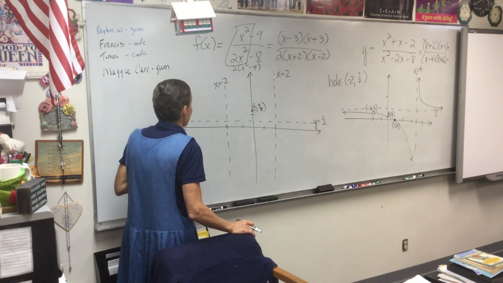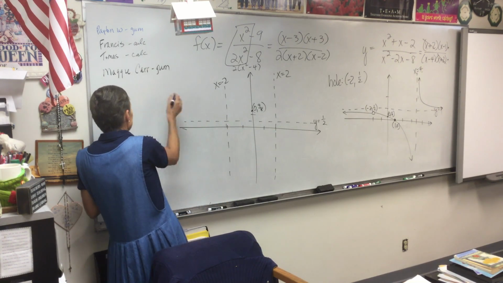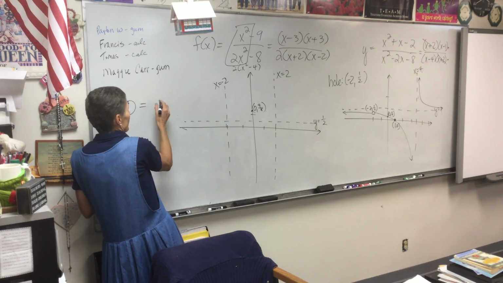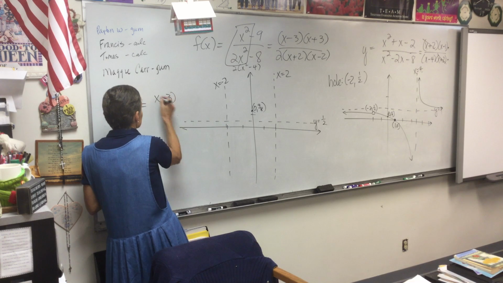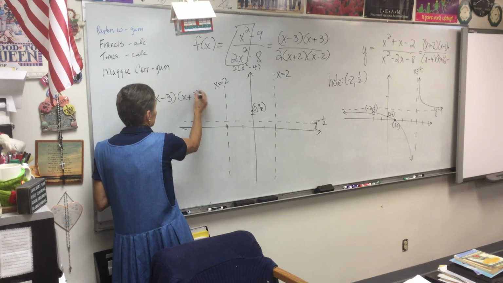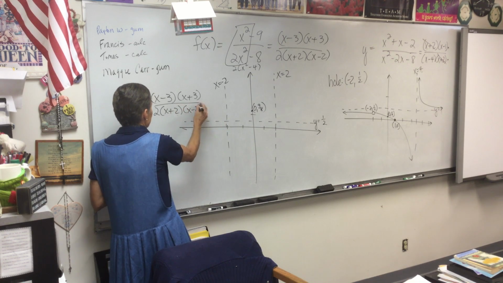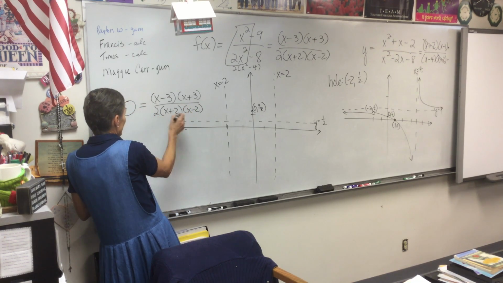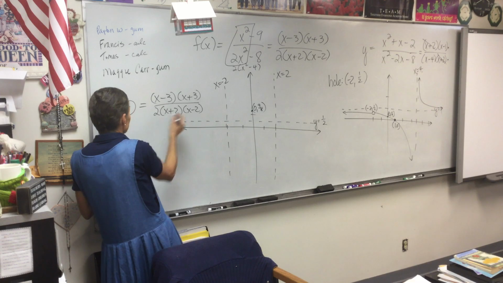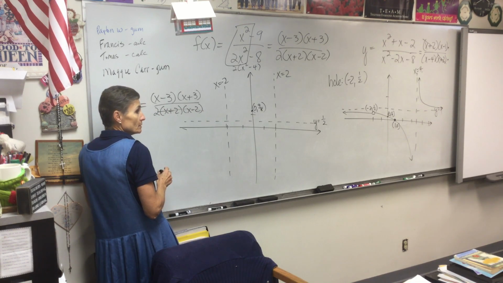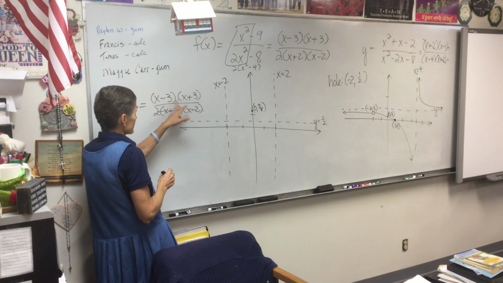Okay, now I need my x-intercepts. So that's when I let y be 0, right? What's going to happen to the denominator when I set y equals 0? It's gone, right? So what about x-intercepts?